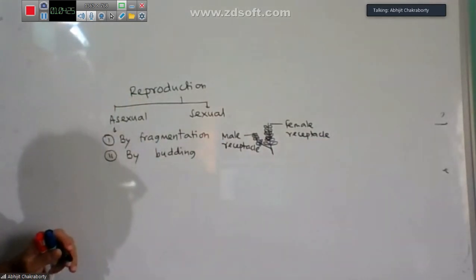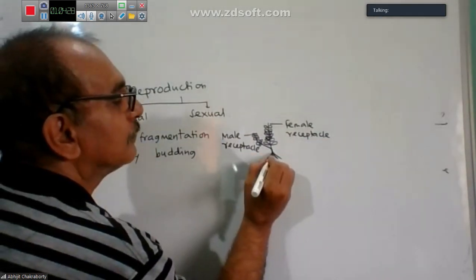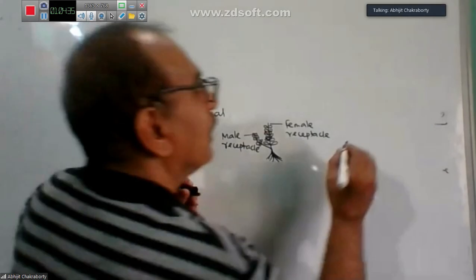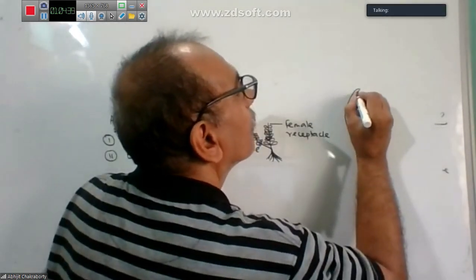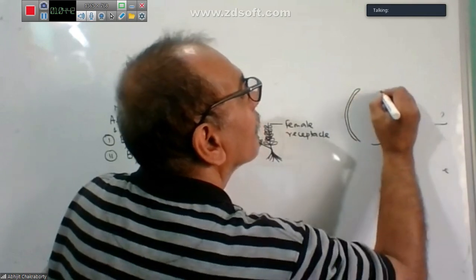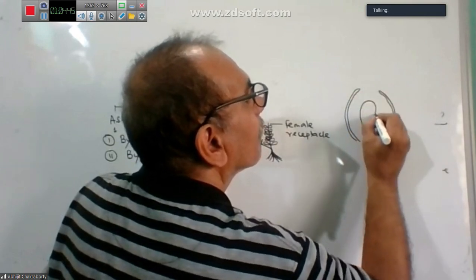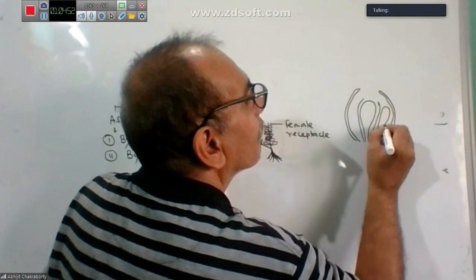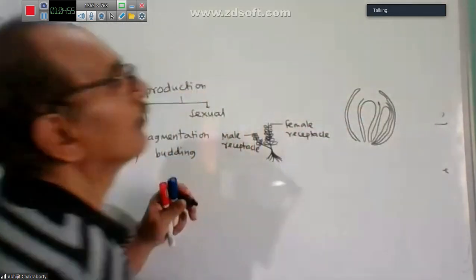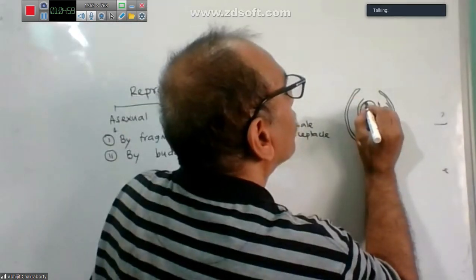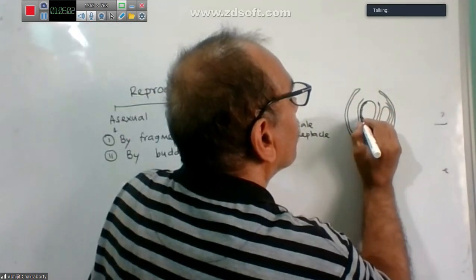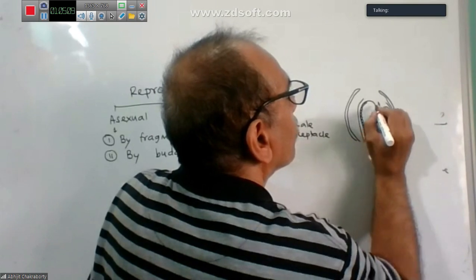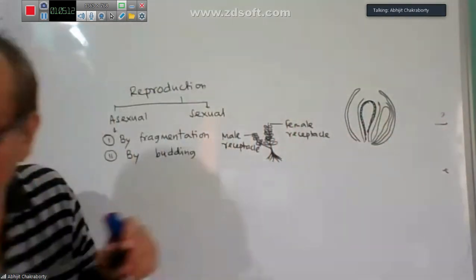Receptacle is the structure from which male and female sex organs will be developed. So male sex organs appear like this. So these are the male sex organs.